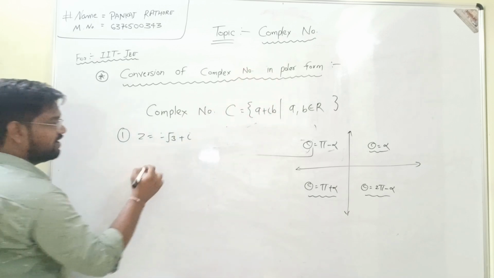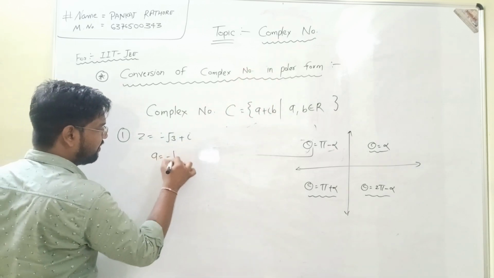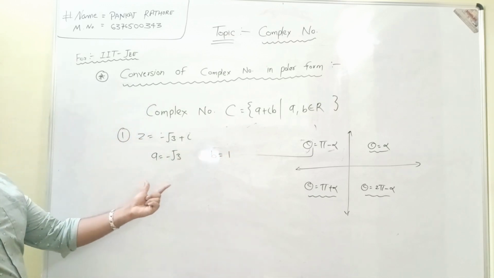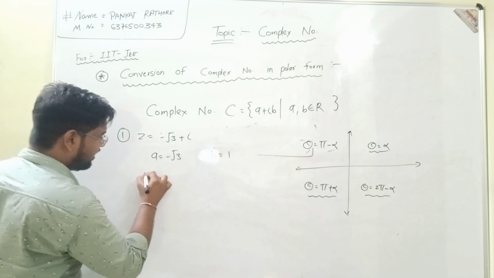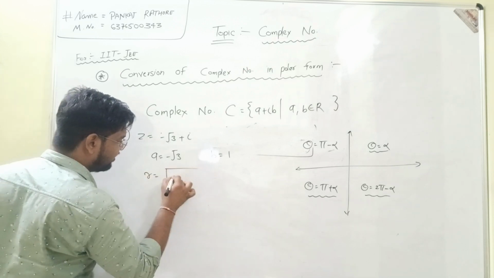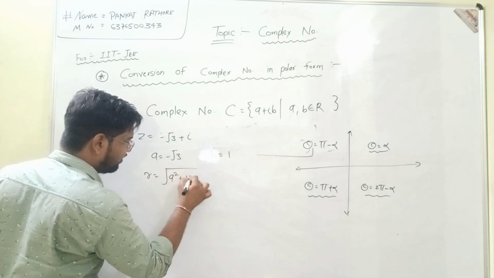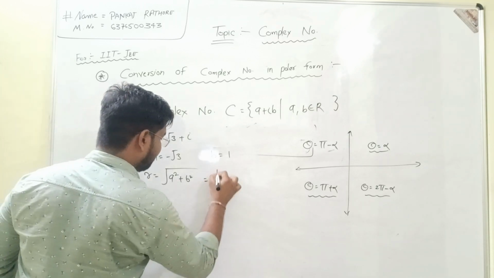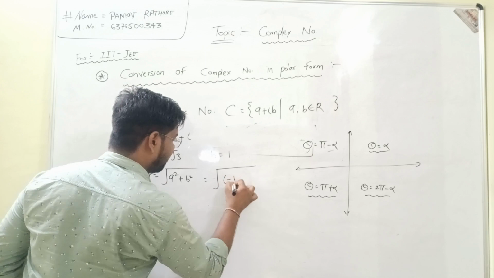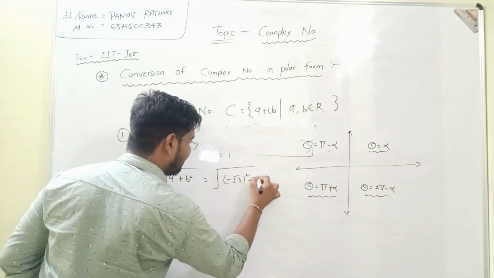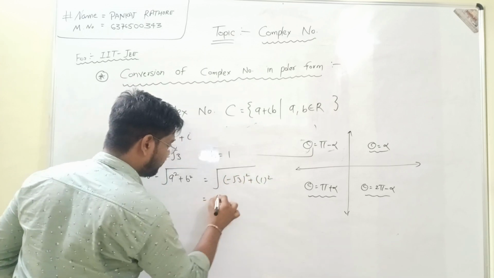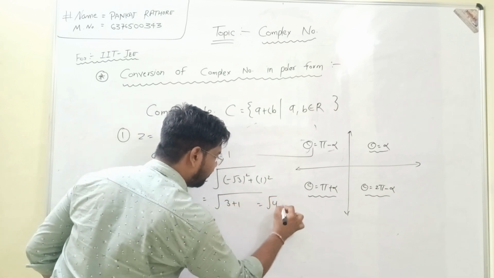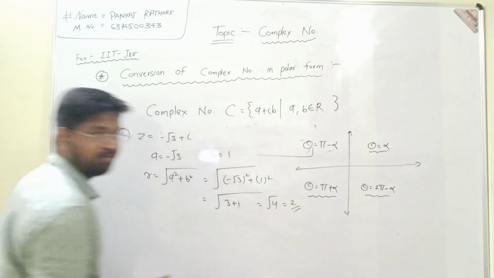So what is the a? A is minus root 3 and what is the b? B is 1. So what's the value of r? Everyone knows. R is equal to under root of a square plus b square. Then here easily we can find minus root 3 whole square plus 1 whole square, 3 plus 1 is equal to under root 4 and that is 2.